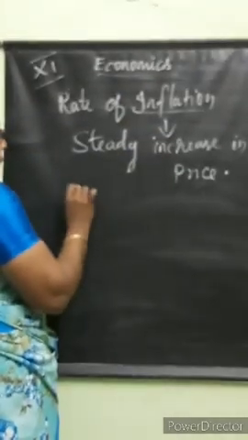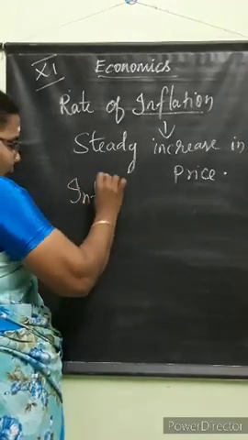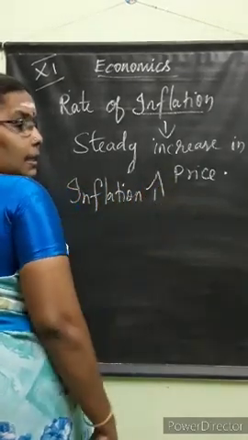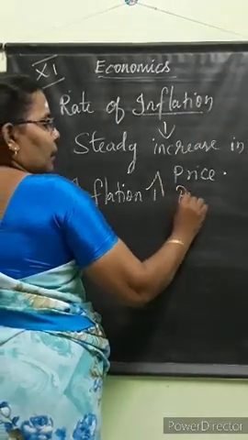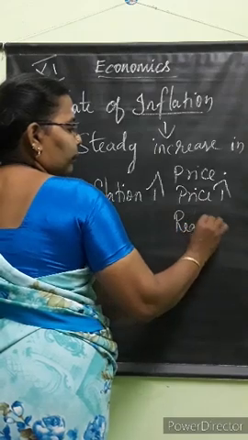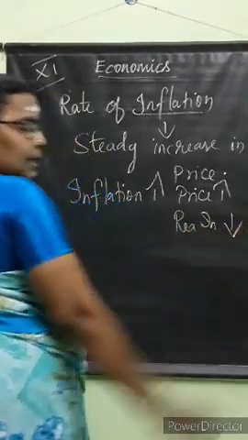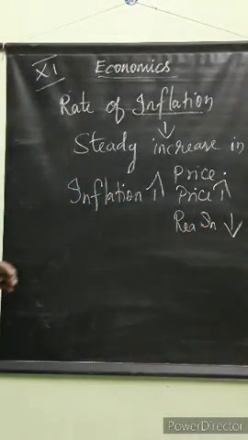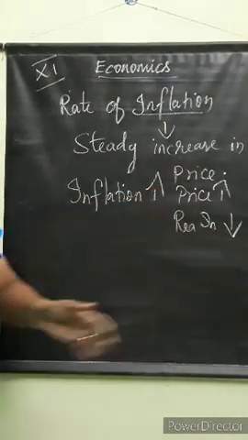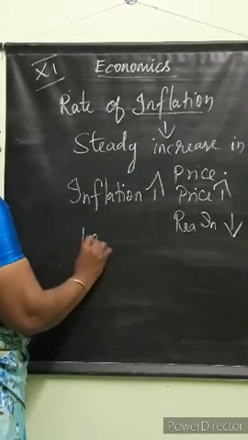Now tell me, if the inflation increases, what happens? The price increases, then the real income decreases. Do you understand, girls? The price goes upwards, your real income will come down. The same concept, let me tell you.